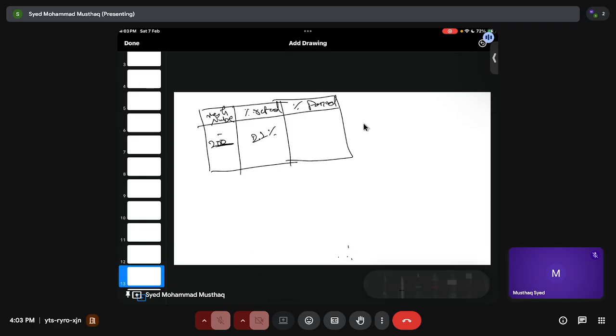So we want above 80%. If it is 78%, then we need to find the average size of our particle. How do you find the average size?